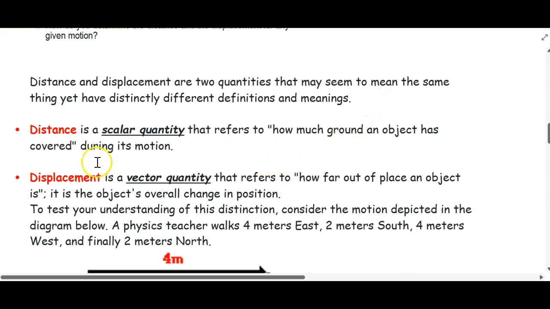All right? So distance is a scalar quantity, which means it only must be a number and a unit, right? Number and a unit.